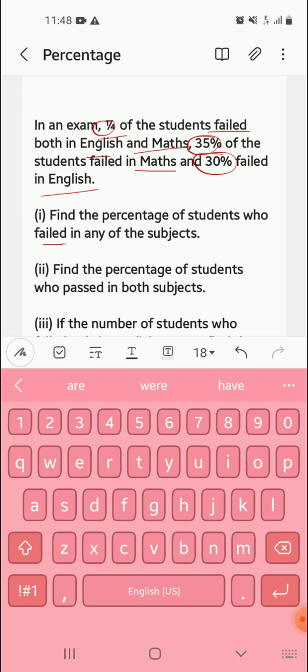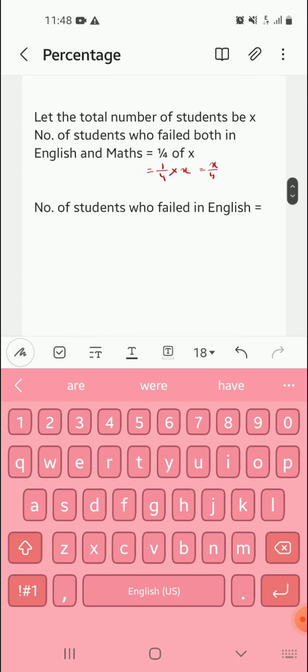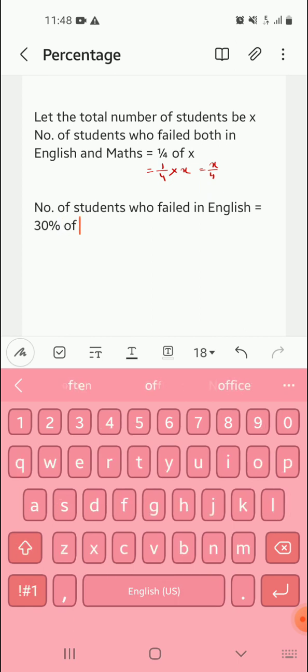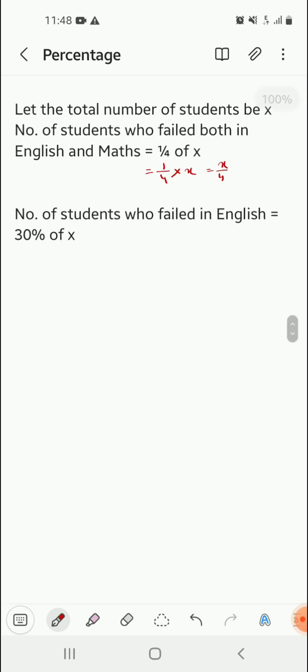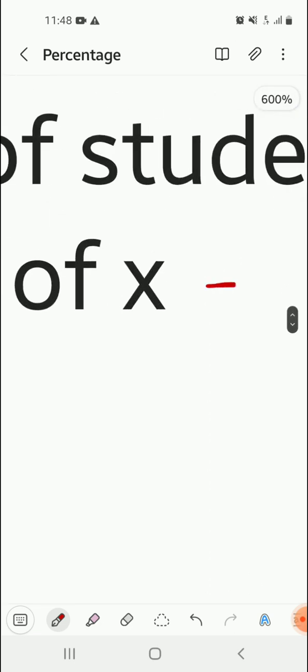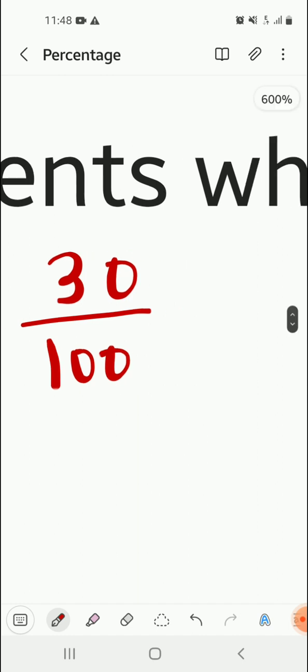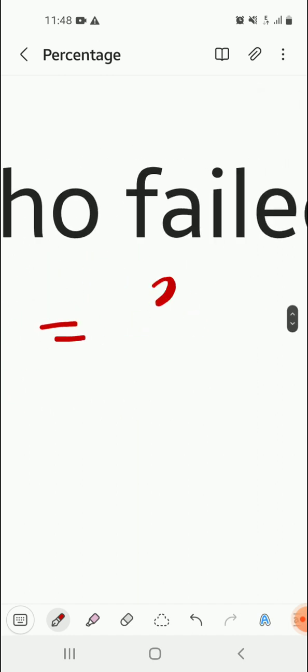So 30% in English. So we're going to write 30% of x. If we calculate it, 30% of x means 30 by 100 into x. Cancel it out. We get 3x by 10.